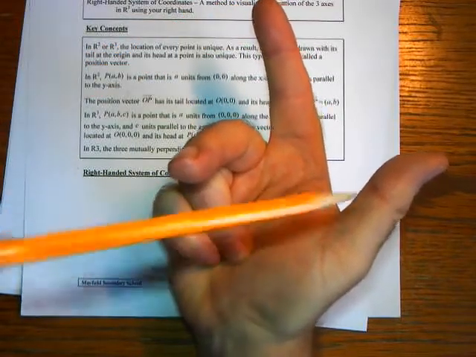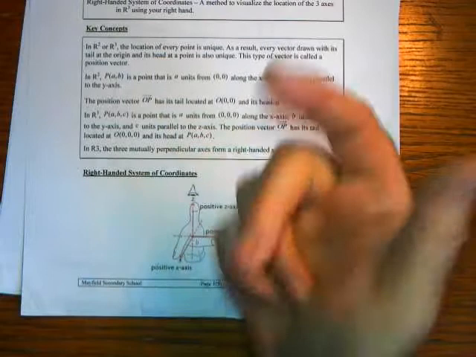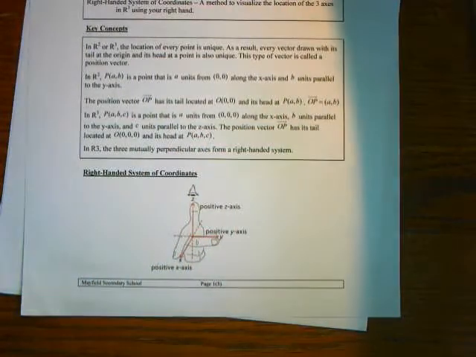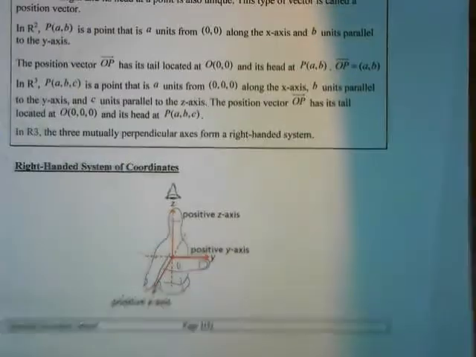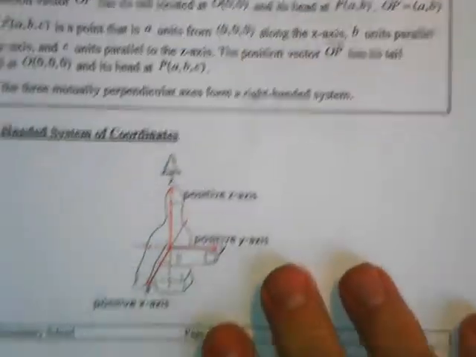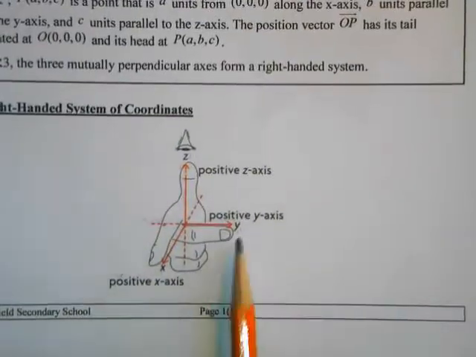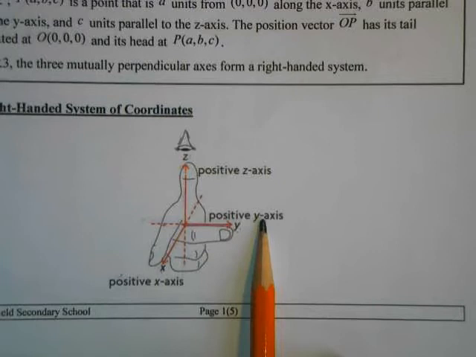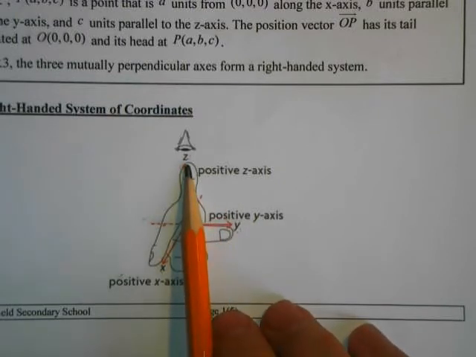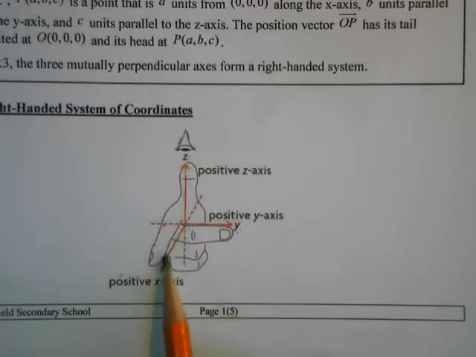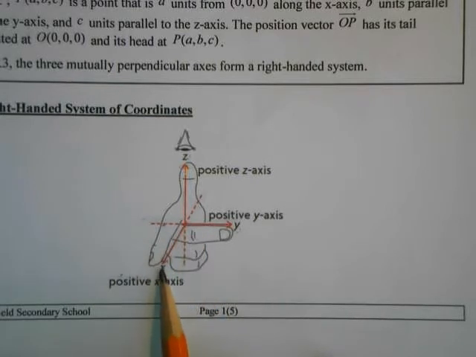So x, y, z. Another way to remember that is you rename your x-axis to the y-axis, you rename the y-axis to the z-axis, and then you have this brand new axis coming out of the paper, and that's your new x-axis. Those are all the positive ends.